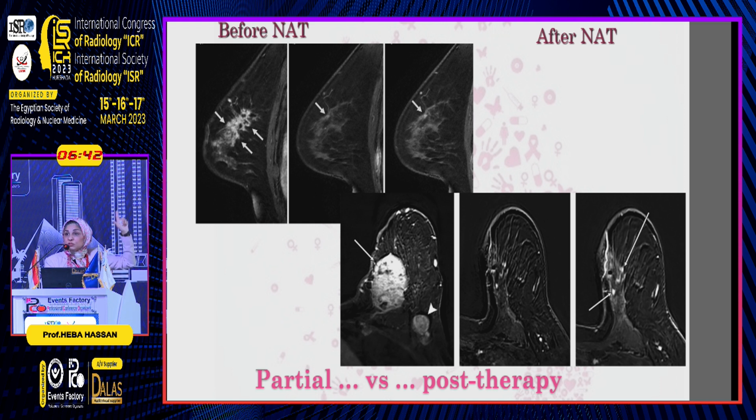This is accepted because you know that you are dealing with a hormone positive disease. On the other hand, this very well defined mass here, triple negative. On the early phase, you just have two very small foci that persisted on the delayed. When measuring this and referring it to your clinician, it correlated well with the pathology because it's a triple negative.